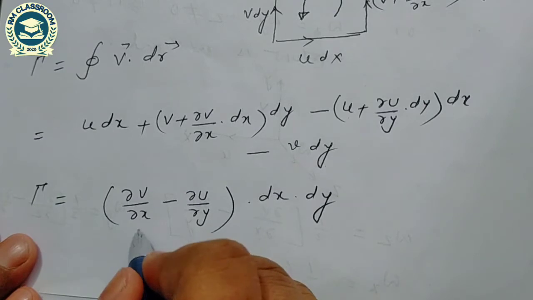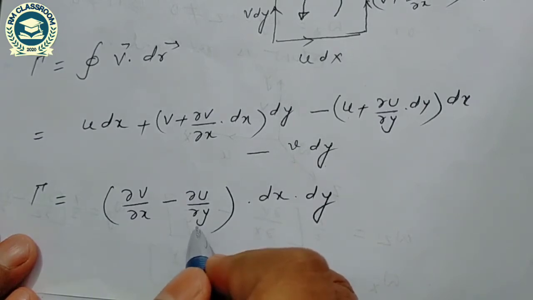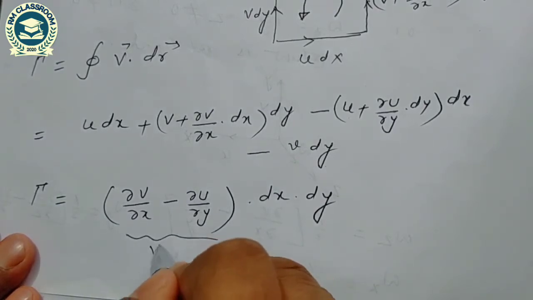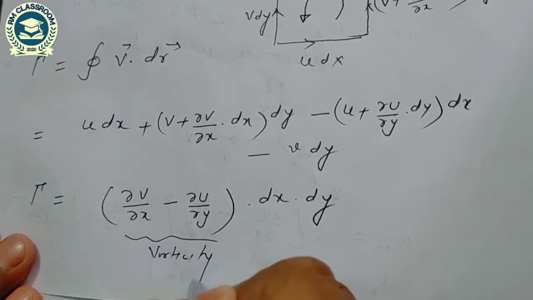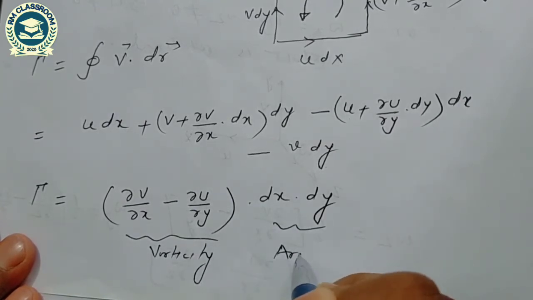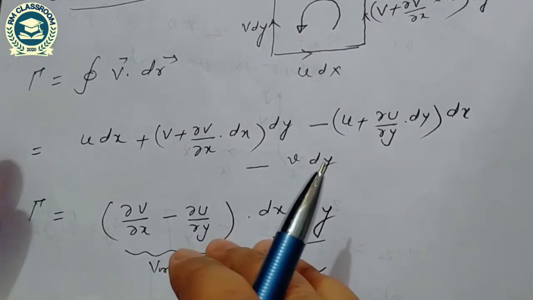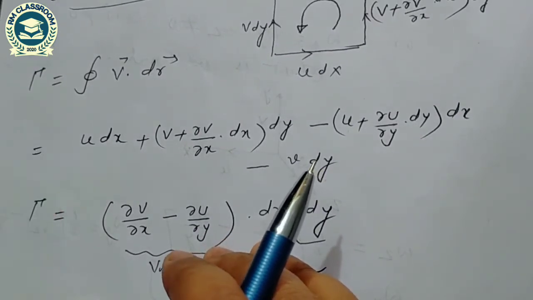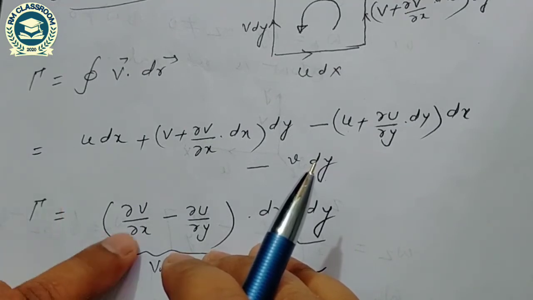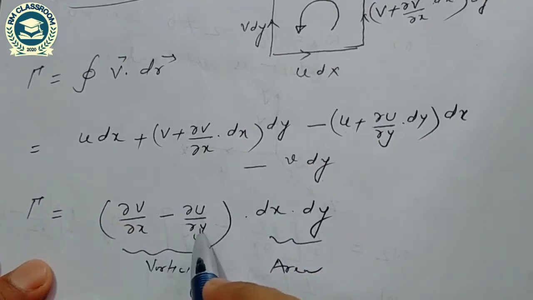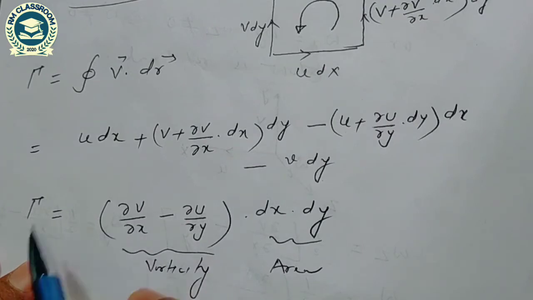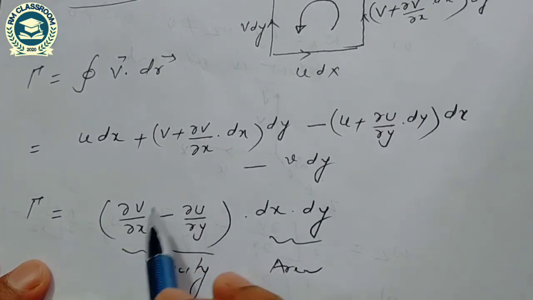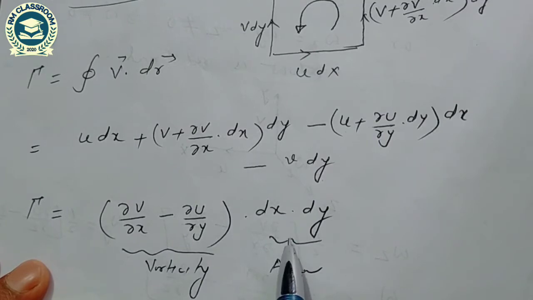And we know that del v by del x minus del u by del y is nothing but the vorticity, and this is the area, because I have told you the vorticity is 2 times the rotational component. The rotational component omega z is 1 by 2 del v by del x minus del u by del y, and if I multiply by 2, it is vorticity in z direction into area.